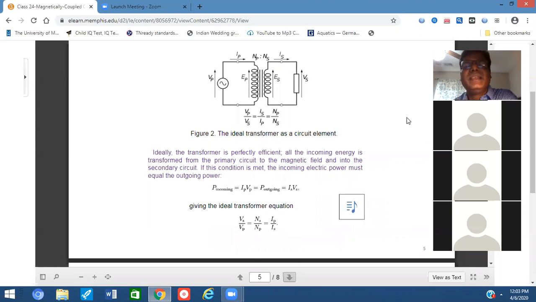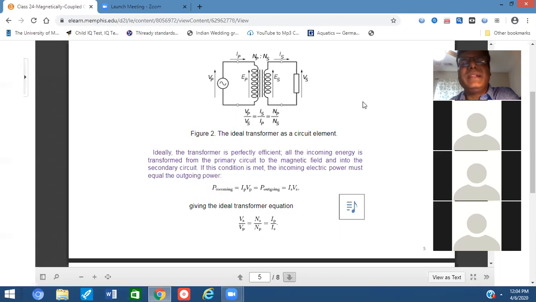You see the figure, actually the equivalent circuit of that diagram. Again, like I have elaborated, there are primary side coil, there are secondary side coil, and primary side voltage Vp, primary side current Ip.